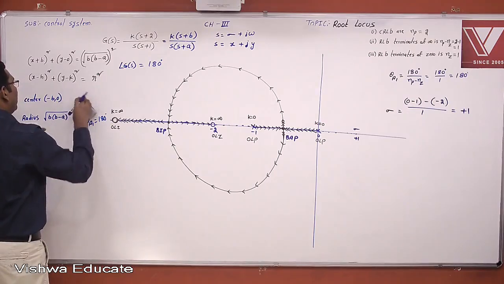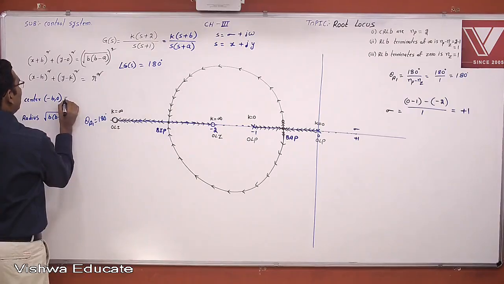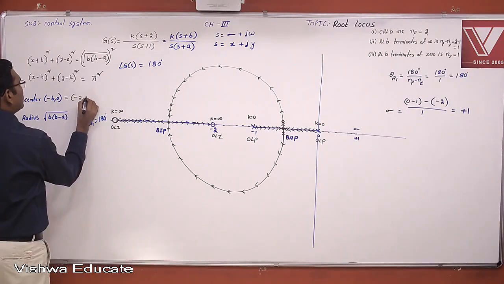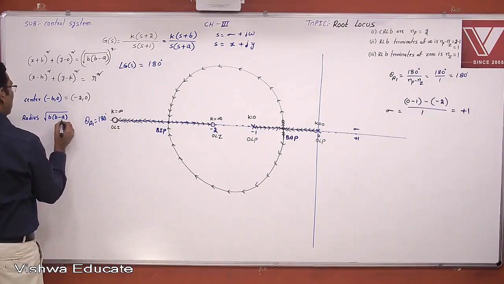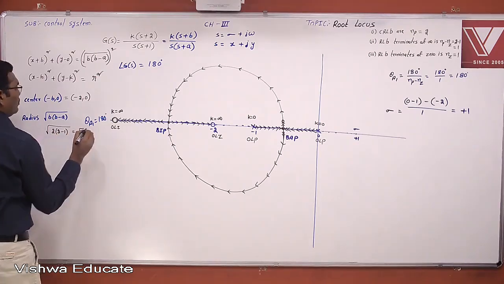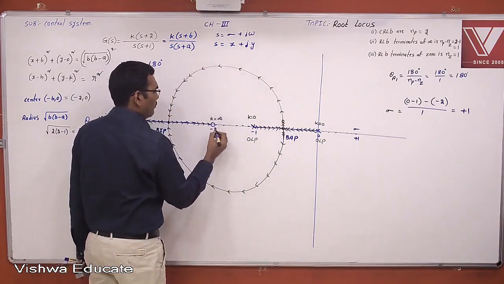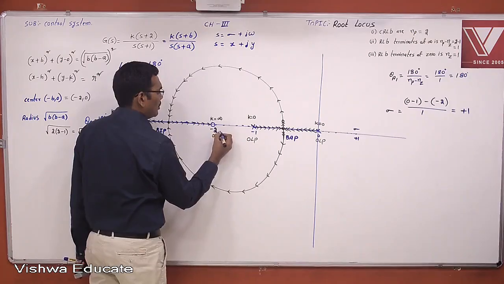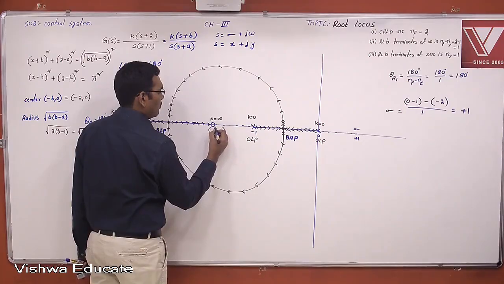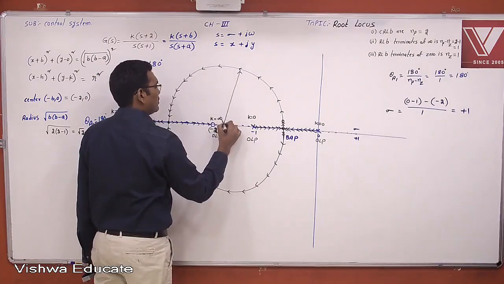In our problem the center is minus 2 comma 0, and the radius is square root of 2 into (2 minus 1), which is equal to root 2. Now see here, that is the reason why the shape is a circle with center minus 2 comma 0 and radius root 2.